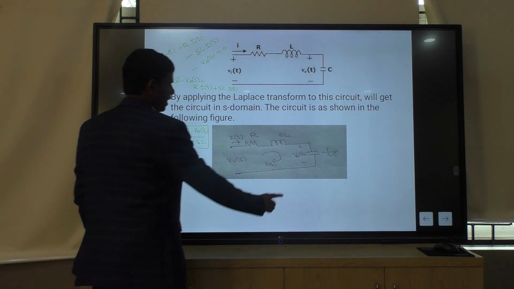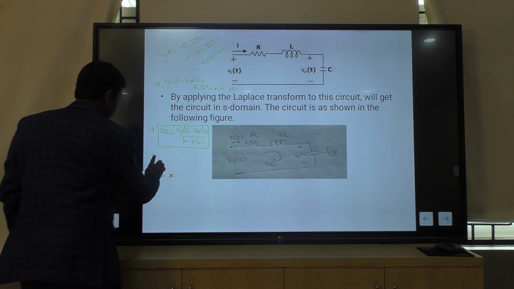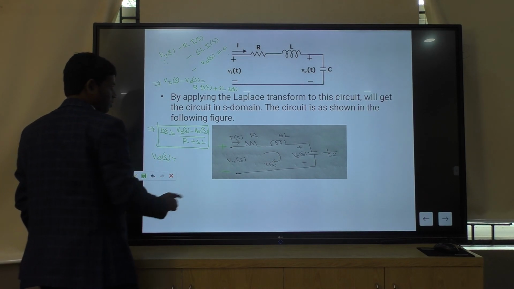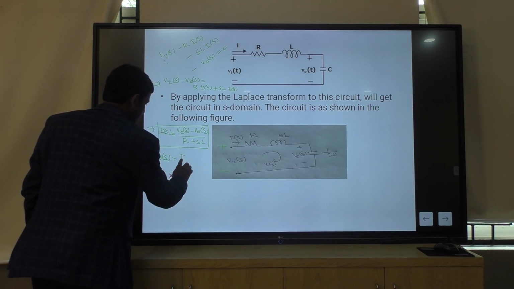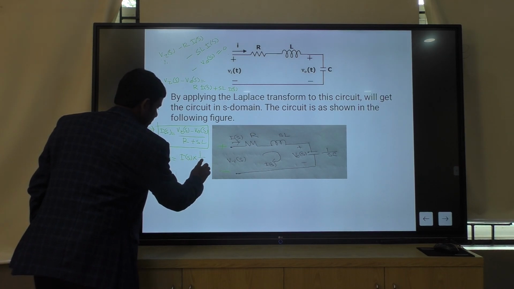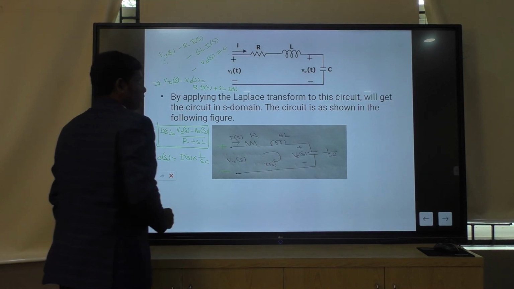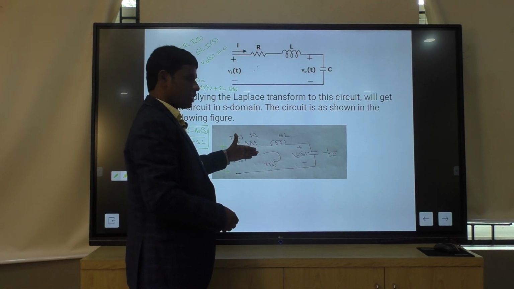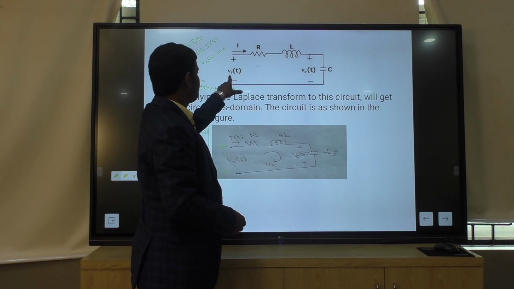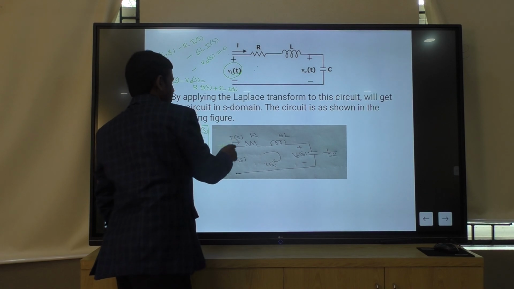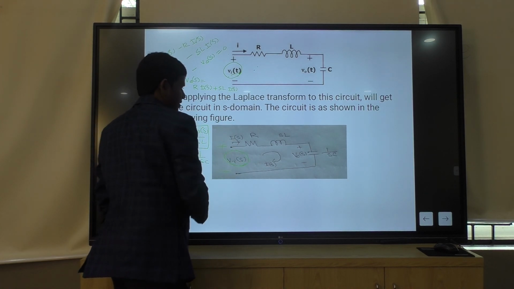The second equation: V_0(s), the voltage across the capacitor, is equal to the current I(s) times 1 by sC. When you convert the time domain circuit into an S domain circuit, V_i(t), which is a function of time, converts into a function of s.